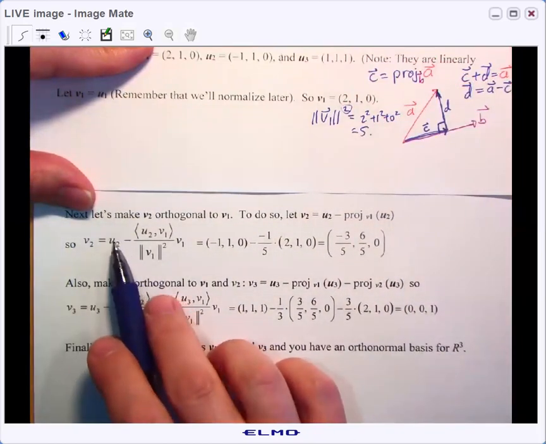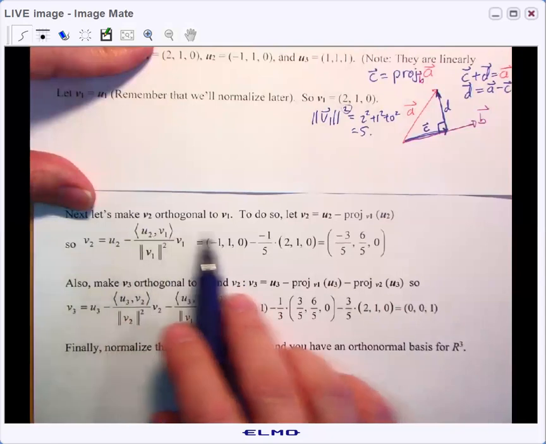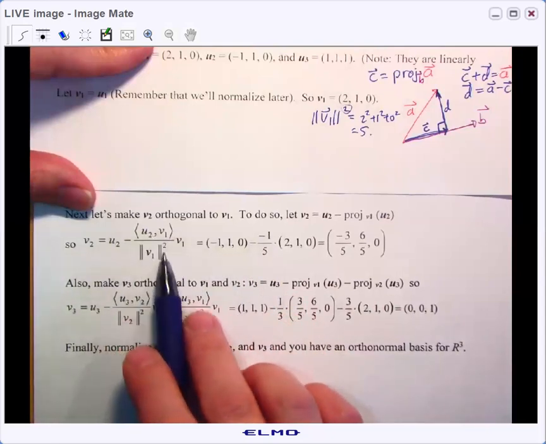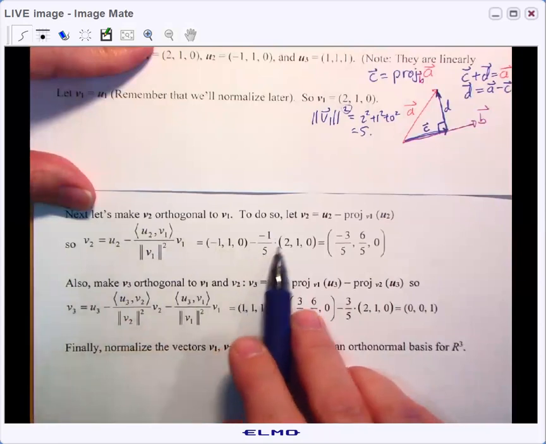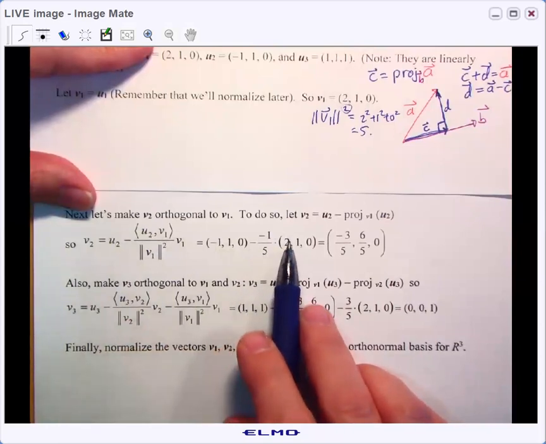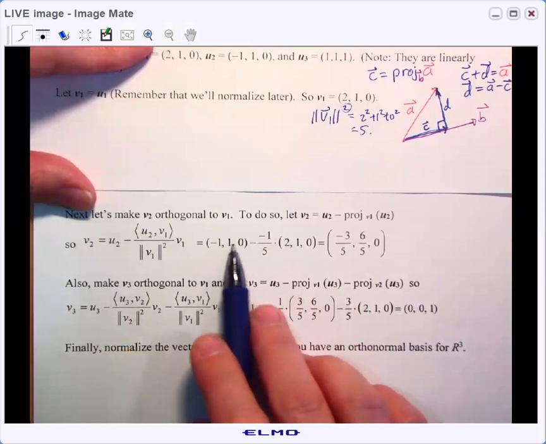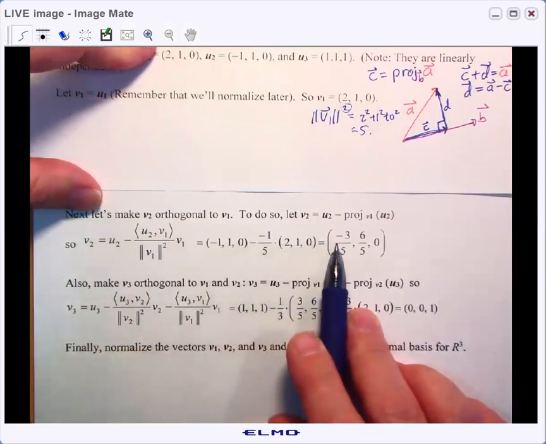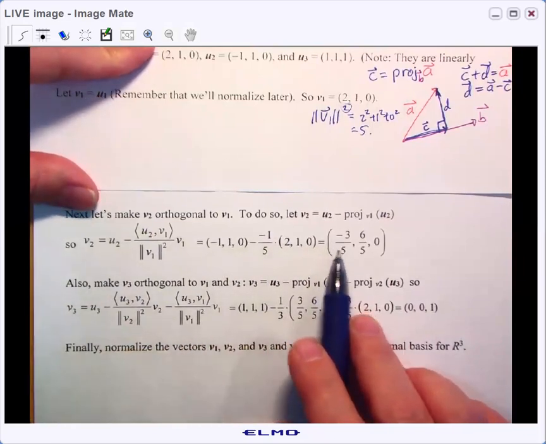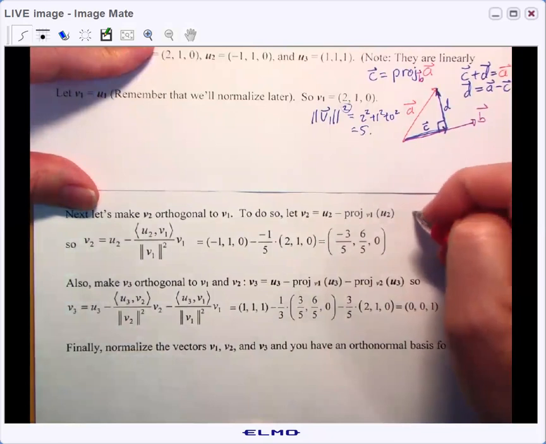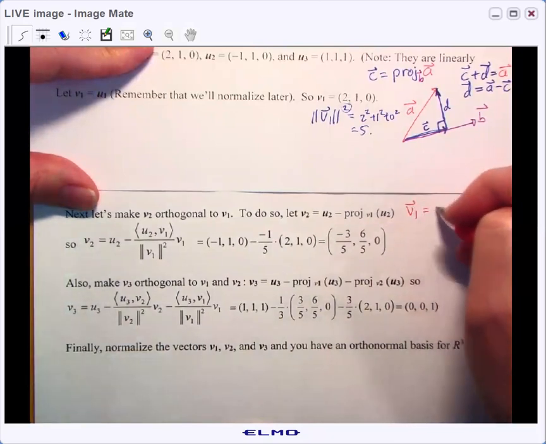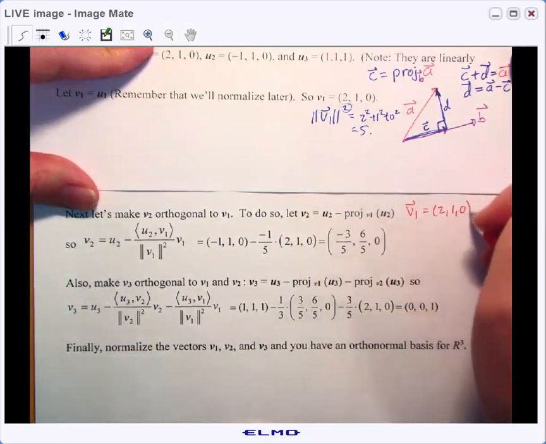So we have our U2 vector minus the inner product over the magnitude of V1 squared, which was 5, times the V1 vector. When we push through the algebra, we find the vector is -3/5, 6/5, and 0. As a quick review, V1 was 2, 1, 0.